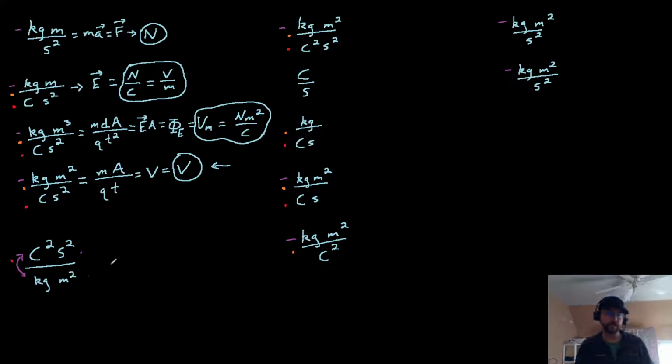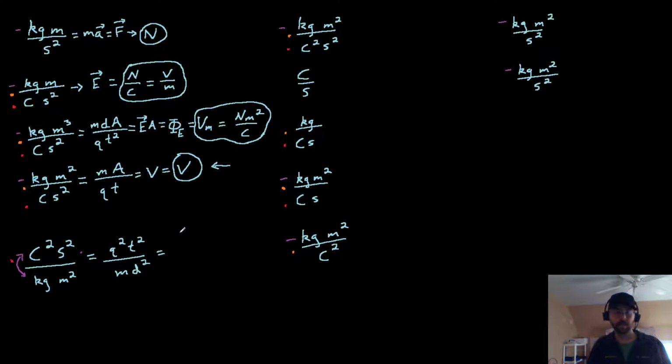All right, next one, we have coulomb squared times second squared over kilograms times meter squared. So here we have charge squared times time squared over mass times distance squared. And this one might be more helpful if we end up thinking of it as the inverse of something.